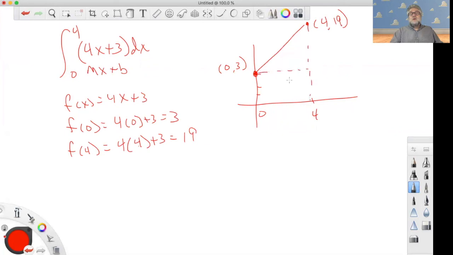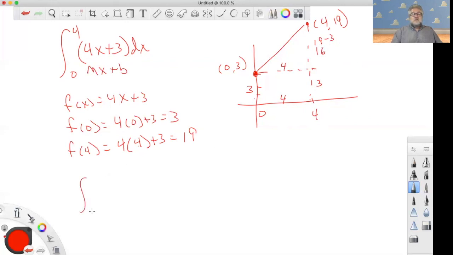And again, if you want to use the trapezoid area equation, right on. I don't. This height is 3. This width is 4. This base of the triangle is 4. This is 19. If this is 3 and the height is 19, this would be 19 minus 3. This piece of the triangle would be 16.